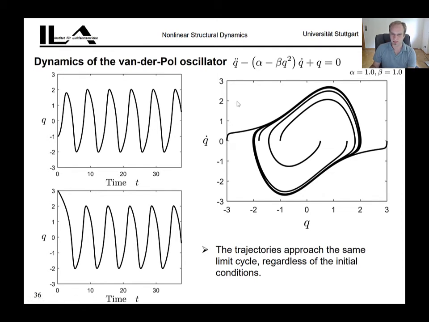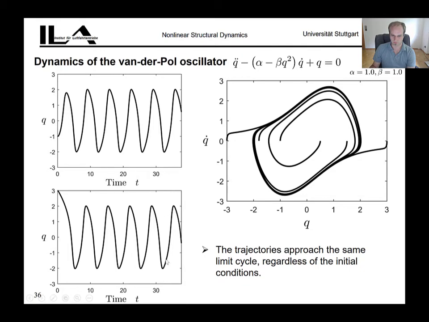And what we see here is numerical simulation results starting at a certain displacement and certain velocity, and then we see how, as time evolves, the system behaves, and in fact quite quickly it reaches a limit cycle, so a periodic oscillation.